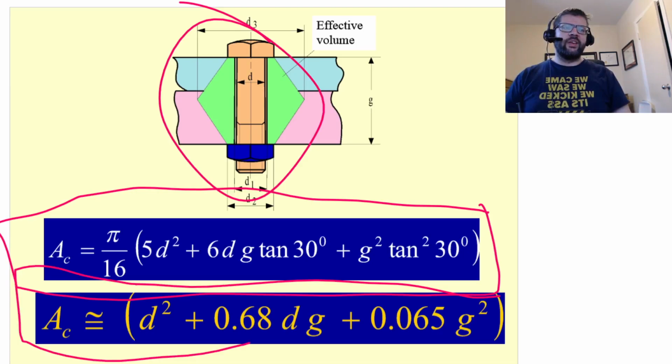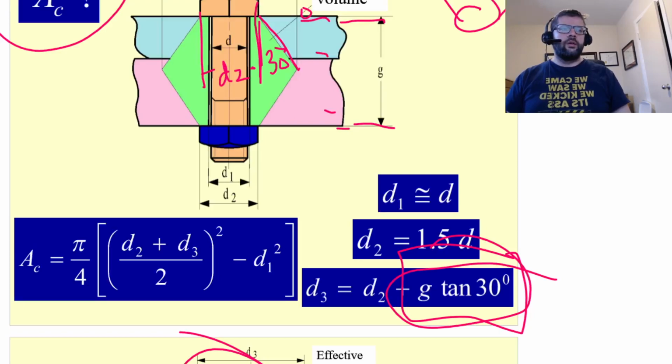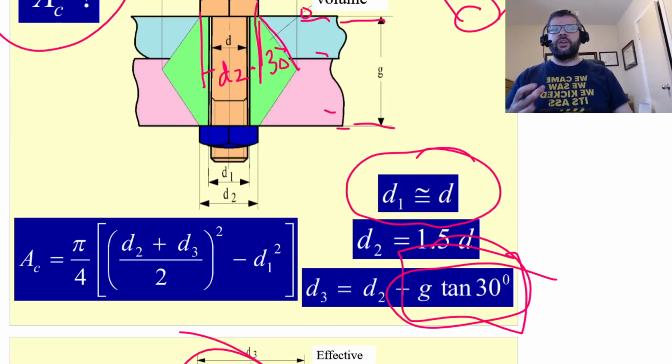It's going to be roughly equal to our d squared term. I'll just scroll up here again. Our D1 term, we're assuming that we're not making the hole that the bolt's going into significantly larger than the bolt itself.